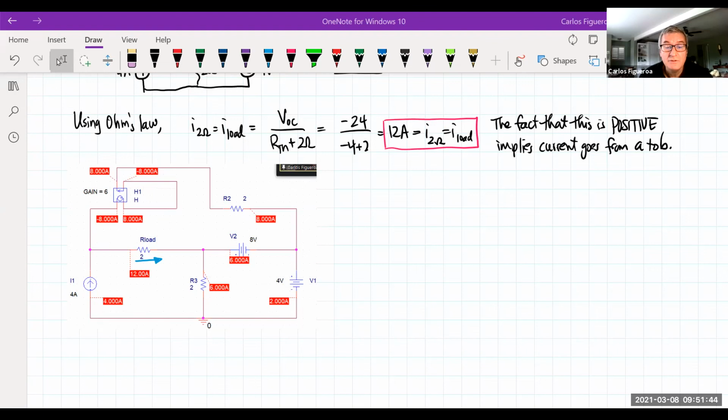And so what I want to do here is go back and talk about this negative resistance term. So let's start thinking about this in a legit way.